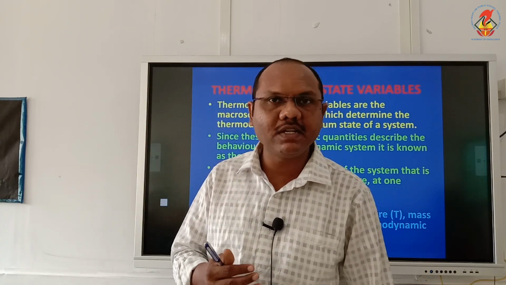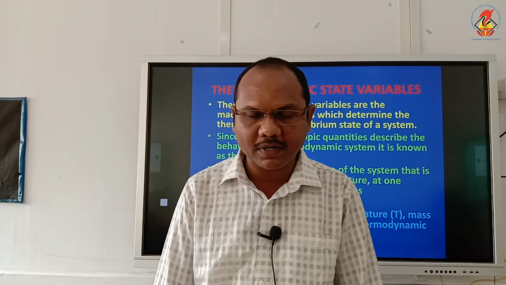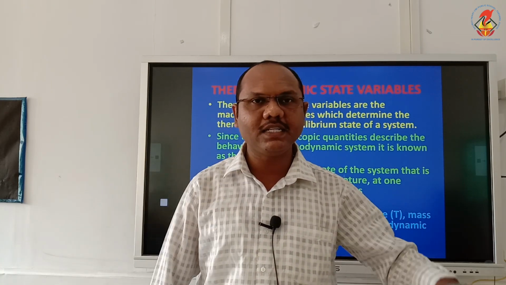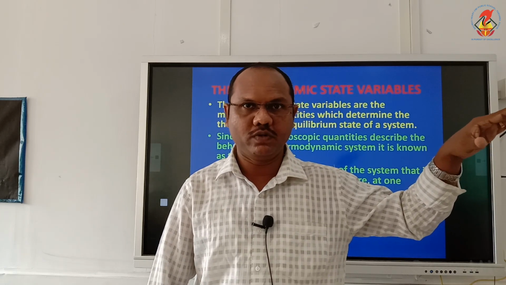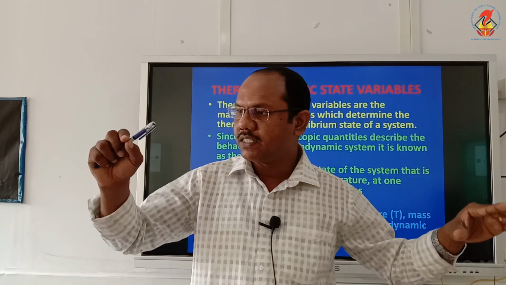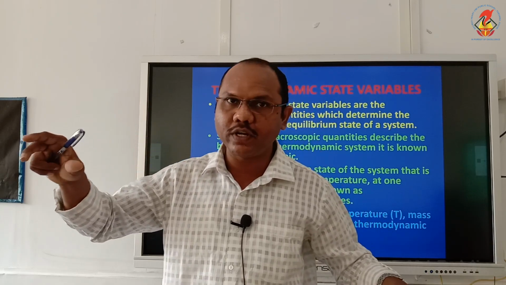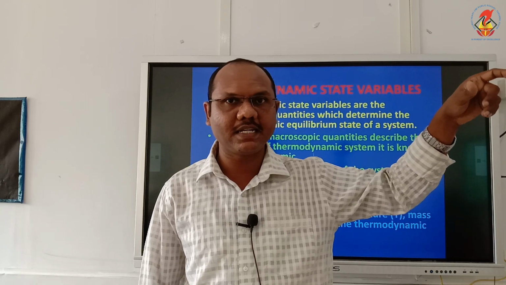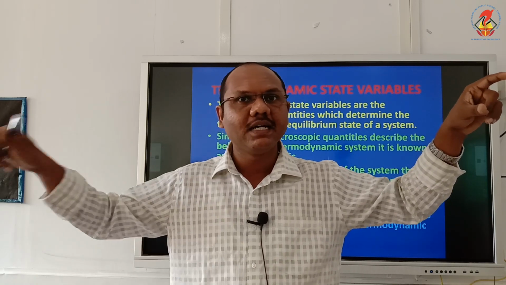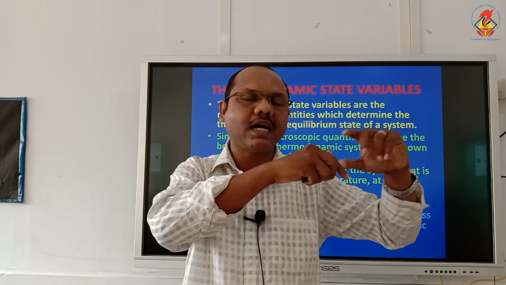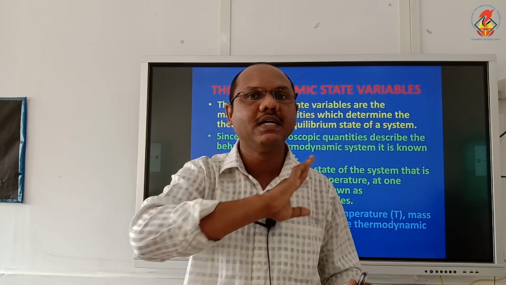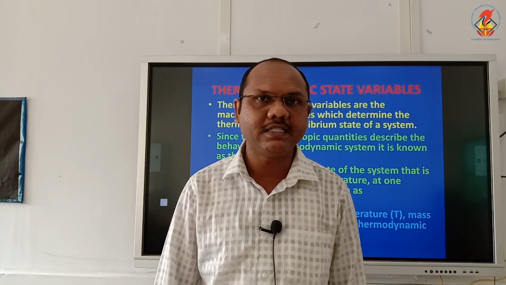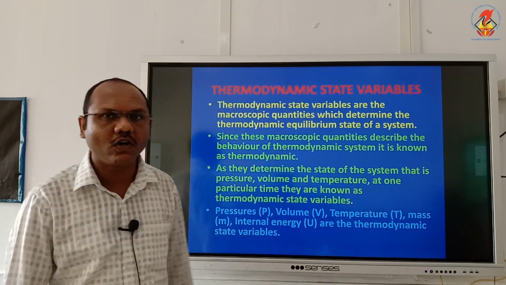After some time the water will start boiling and become vapor. So the initial condition is water at a temperature of 25 degrees Celsius, and the final condition is vapor at a temperature of 100 degrees Celsius. I only have to consider the initial and the final state. I don't have to consider any of the transition states, any of the paths, or how it achieved that state. Such quantities are called state variables.